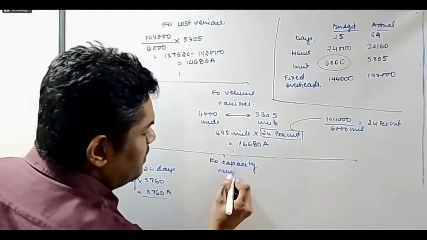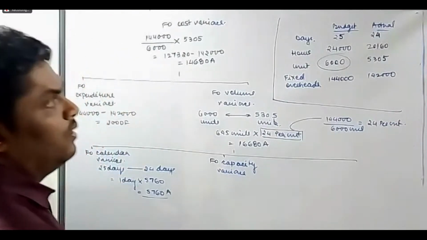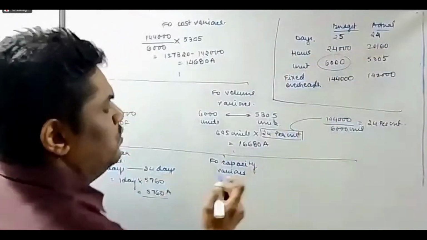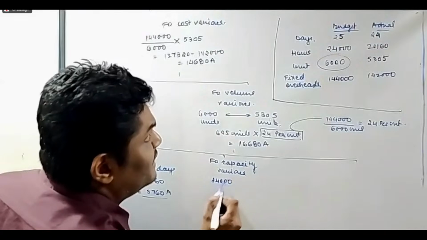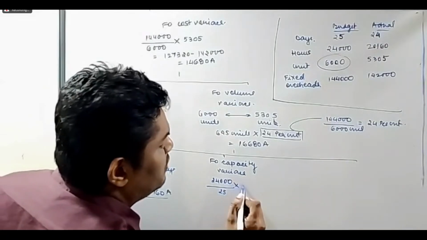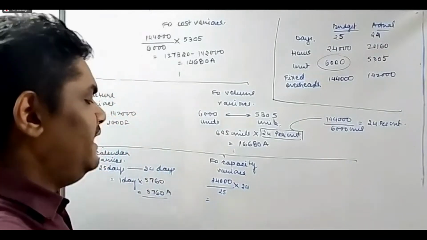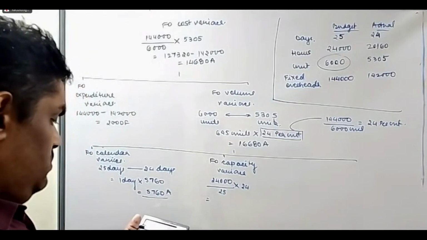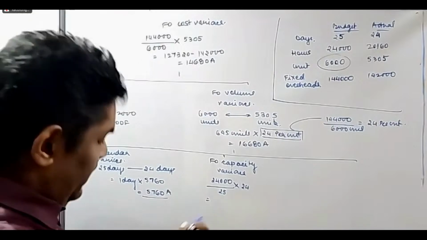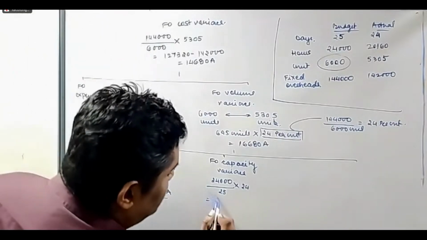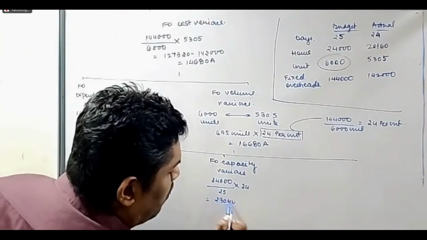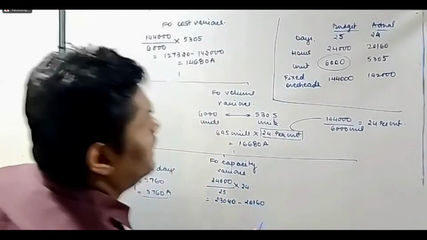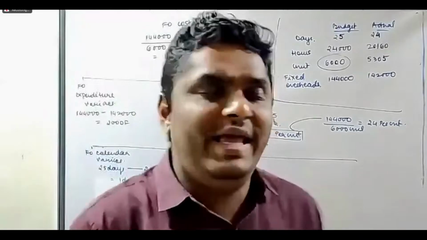capacity variance. So 24,000 hours and 2160 hours. We will not compare these two. 24,000 hours in 25 days, so in 24 days, how much is my capacity? 23,040 is my capacity. But I actually worked for 2160 only. That is much less than my capacity.